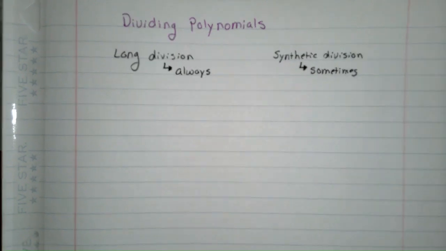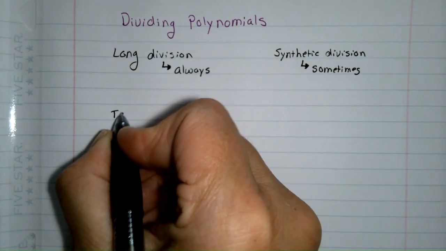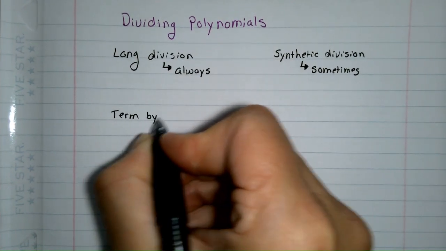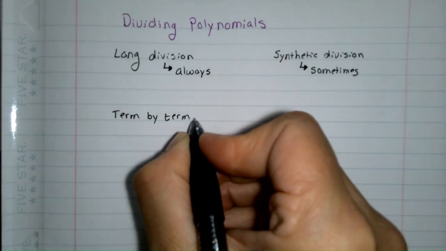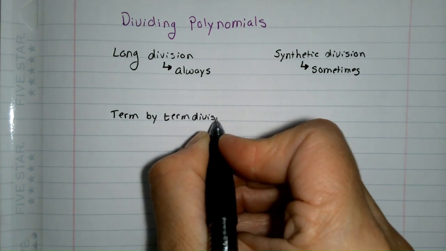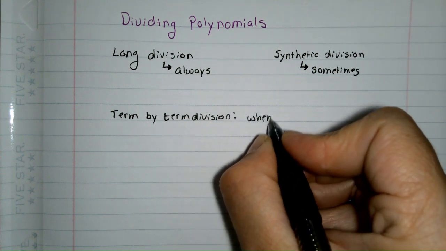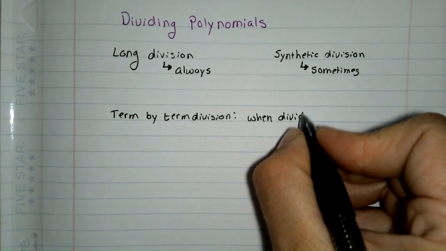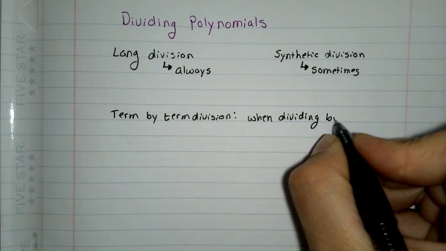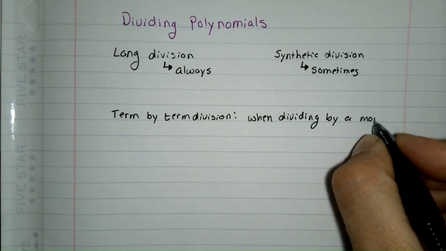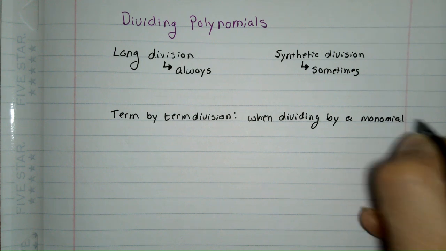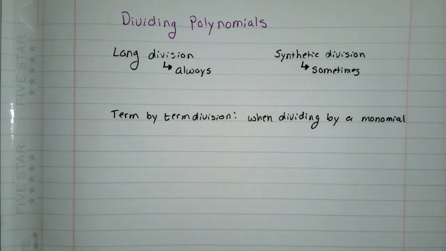There is also something called term-by-term division. This only works when dividing by a monomial. And you actually have kind of already seen these with the term-by-term division.